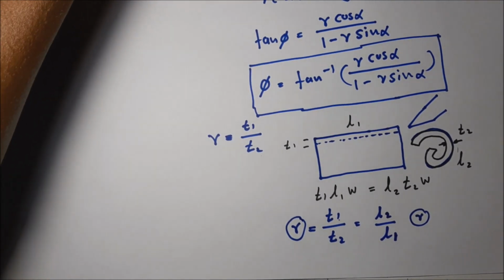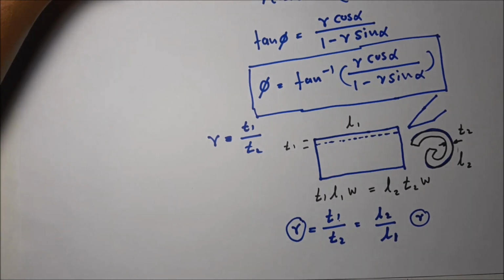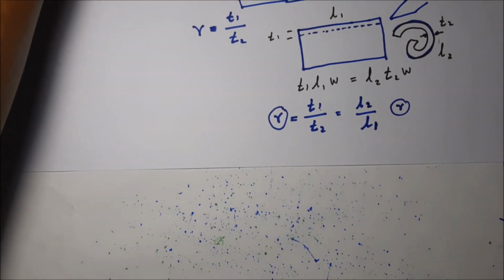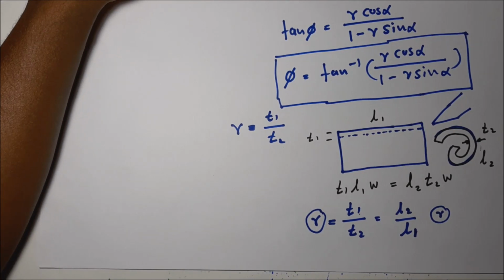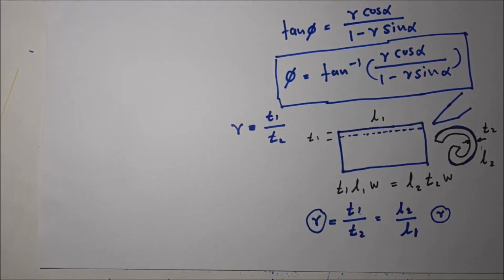Here we discussed how to calculate the shear plane angle in two-dimensional metal cutting operations. Okay. Then let's see the velocity relationship in metal cutting operations.